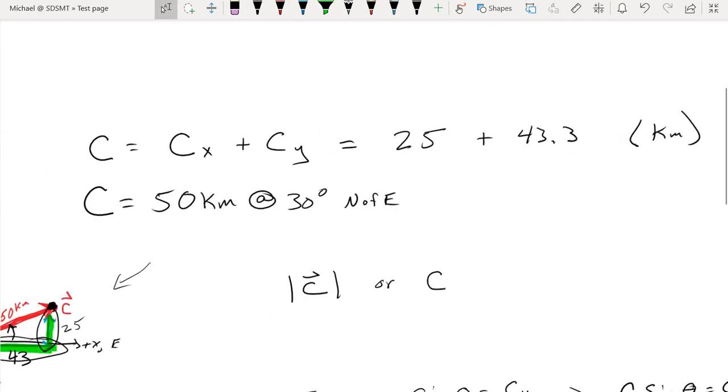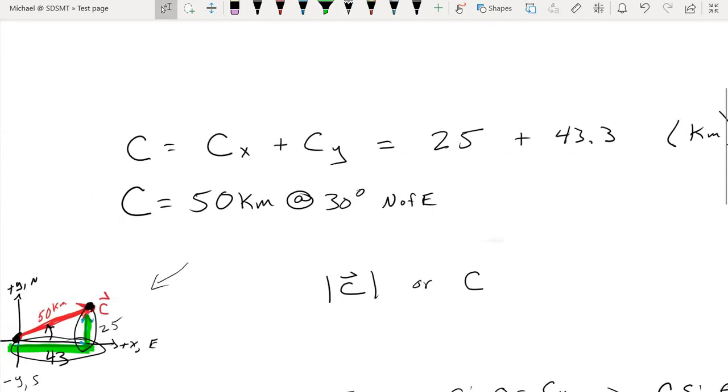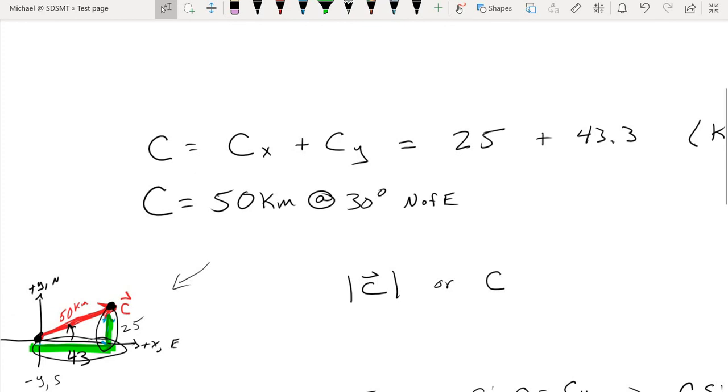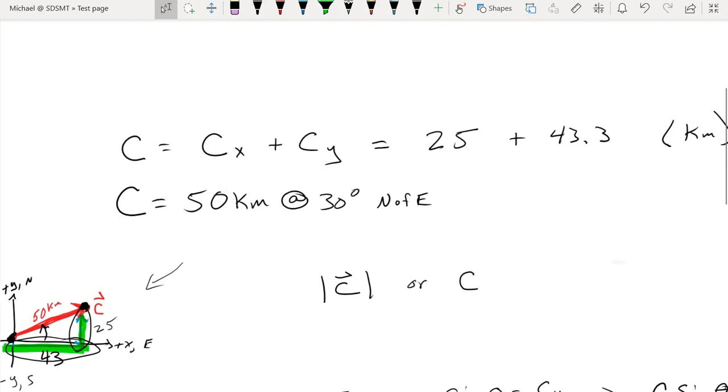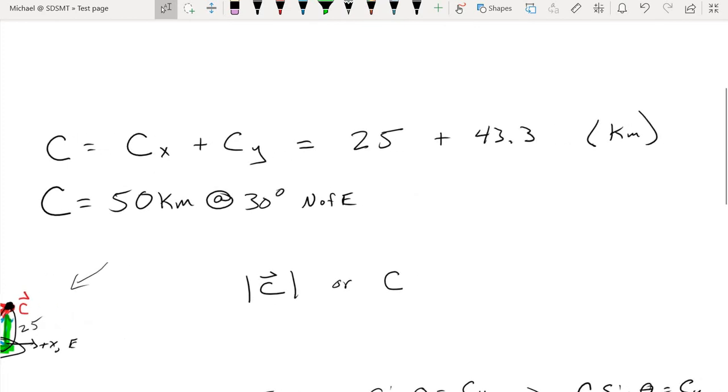Now, one major issue that we're going to run into here: if I leave the expression like that, the first thing that you're probably tempted to do, and the first thing that someone else is probably tempted to do, is to add those two numbers together. And if you do that, you're going to get 68.3, which is not the value of vector C.